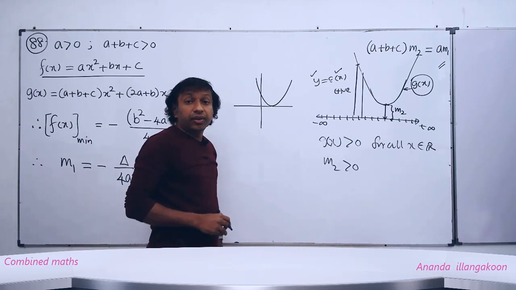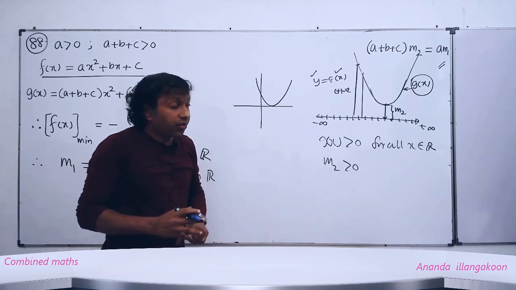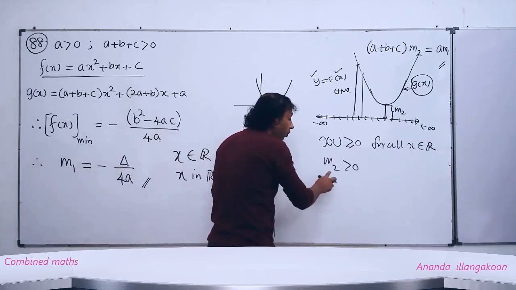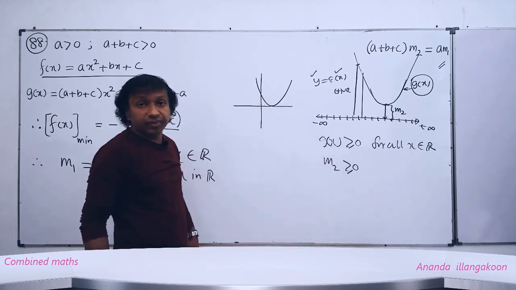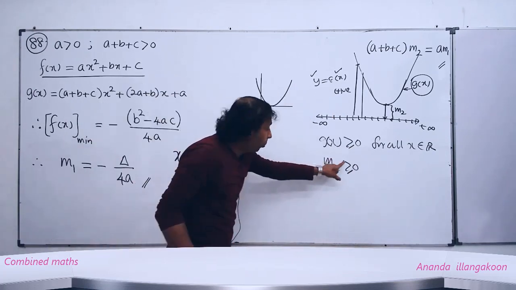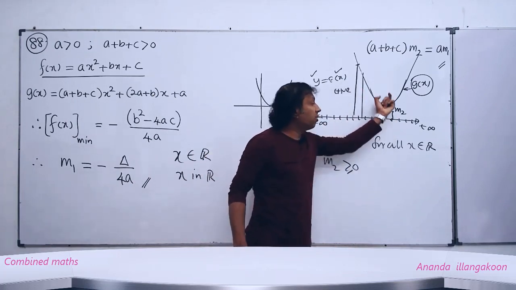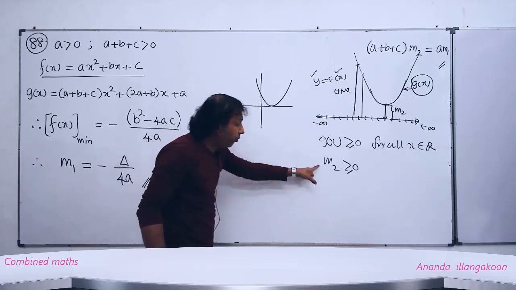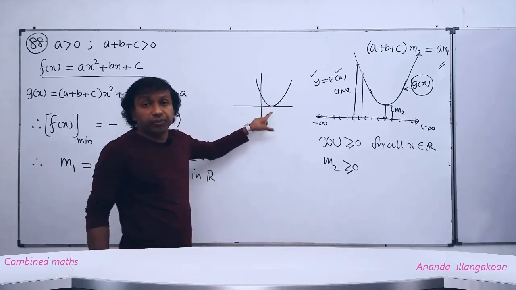Then for g(x) greater than or equal to 0, m2 should be greater than or equal to 0. Am I correct? If m2 is positive, the g(x) graph is lying completely above the x-axis. If m2 equals 0, the g(x) graph touches the axis, equal to 0.